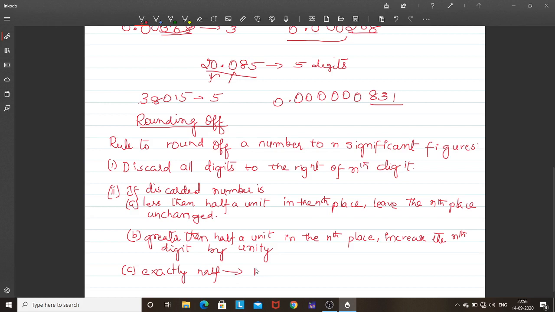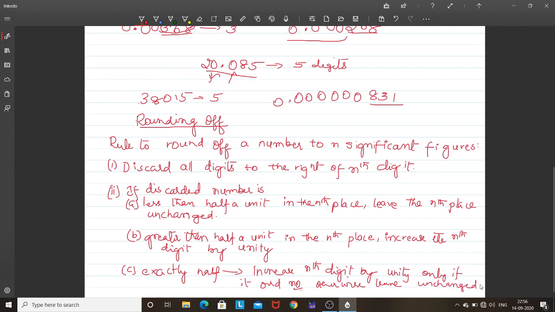You have to increase the nth digit by unity only if it is an odd number, otherwise leave it unchanged, otherwise we keep it as it is. Okay, these are the three conditions.